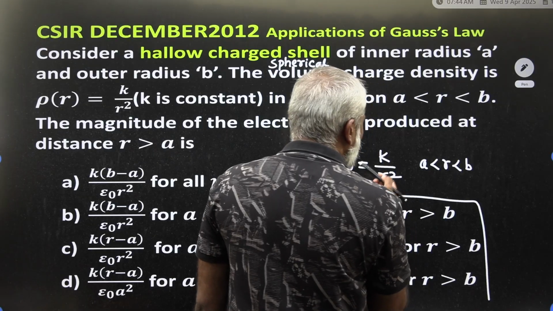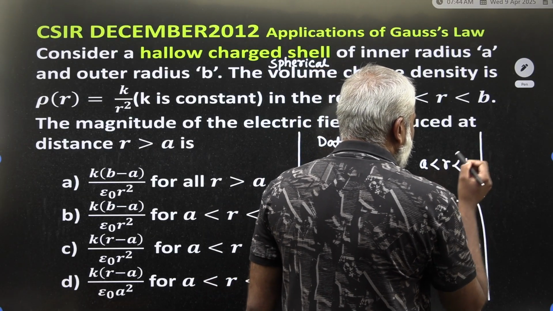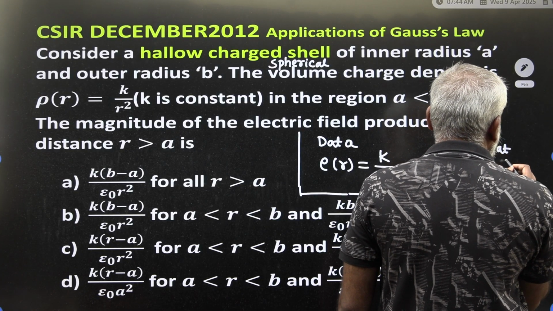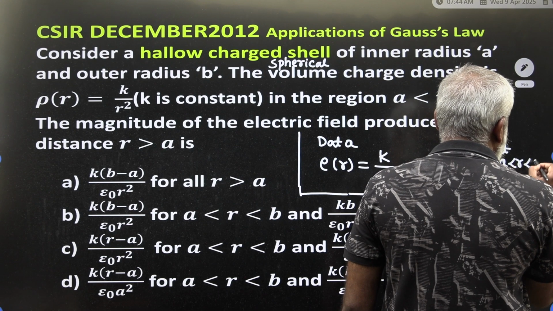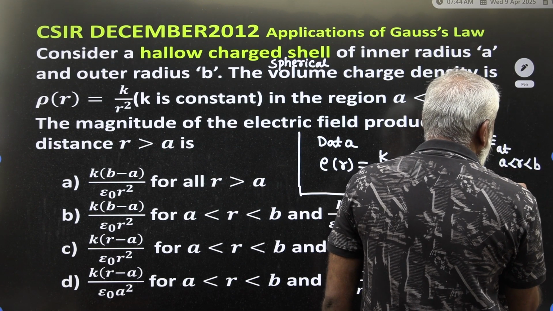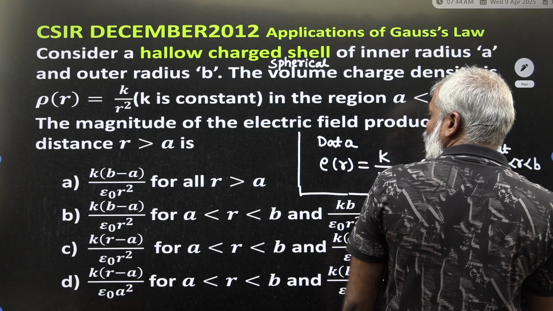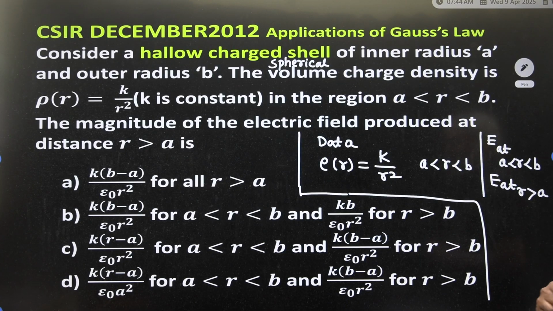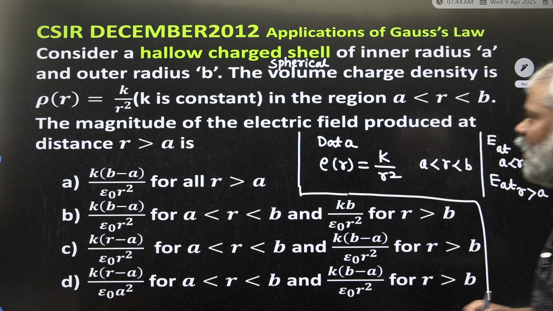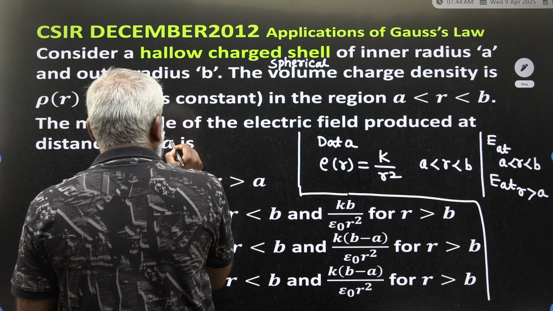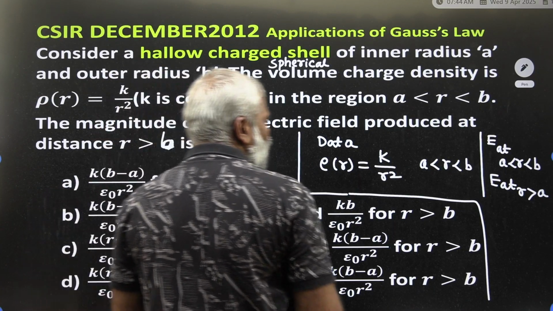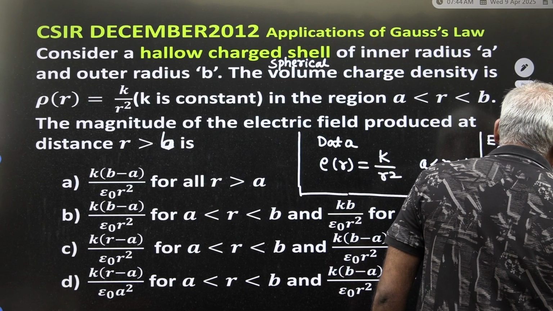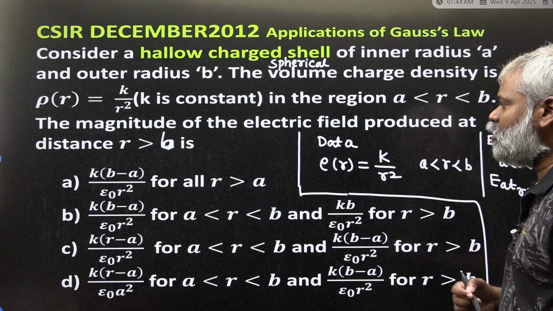So we need to calculate the electric field at a is less than r is less than b, and then r is greater than b. You have to consider r is greater than b. So then you are able to find out.